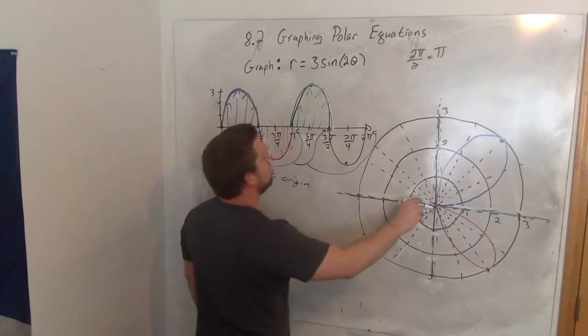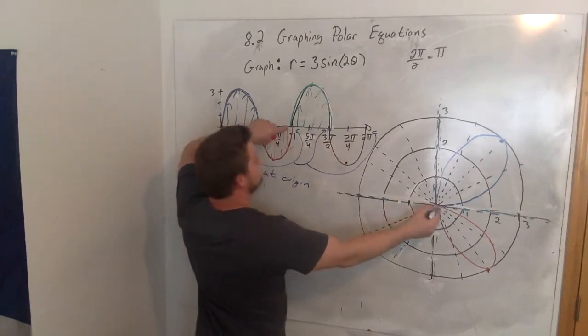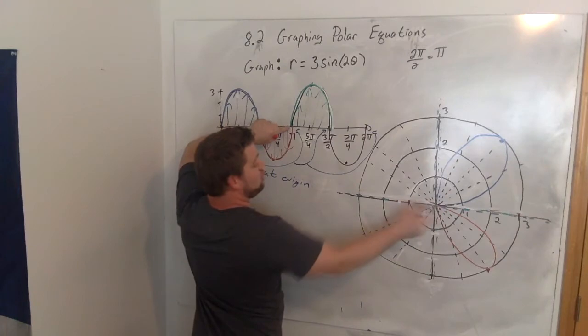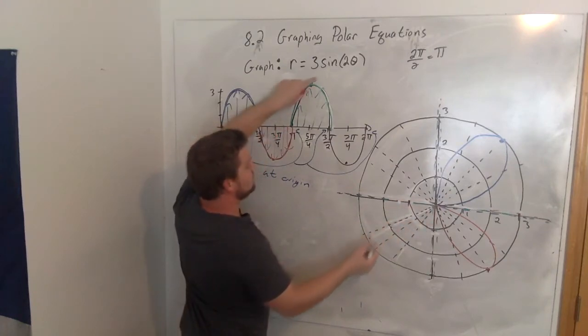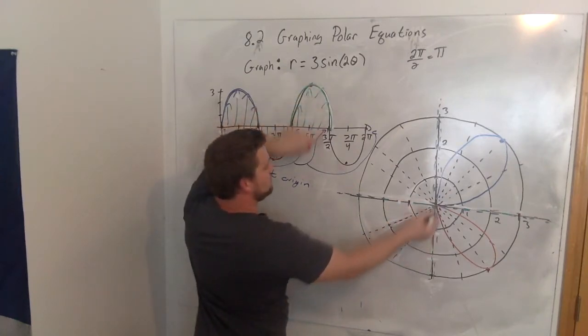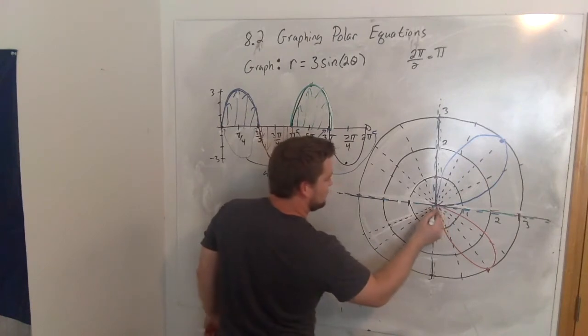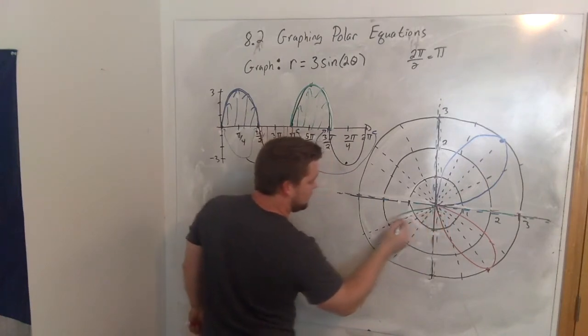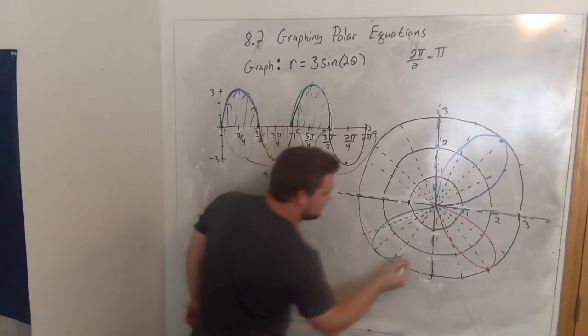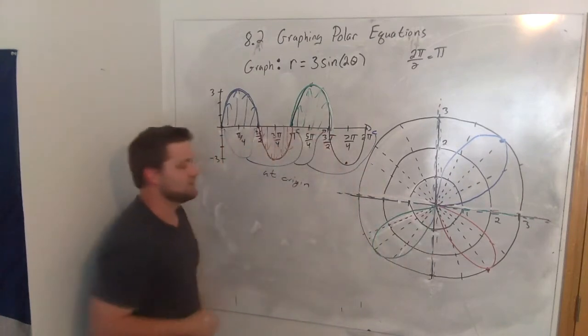So as we rotate from pi, we're at 0. Now, as we rotate, the radius is going to be getting bigger, and then it's going to come back down to 0. So we'll get this leaf right here.